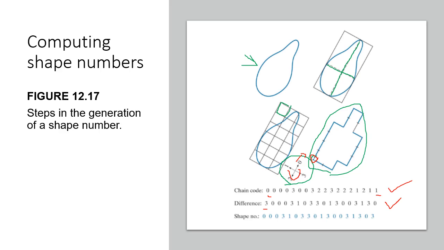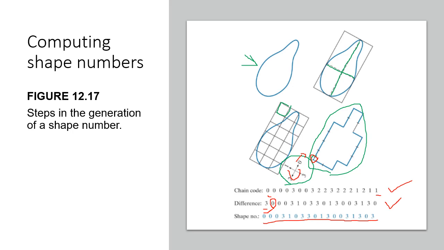Now for this chain code, if I choose the starting point here, then I will obtain the minimum number because it starts with 3 zeros. Any other starting point will result in a number larger than this. So this is the shape number.